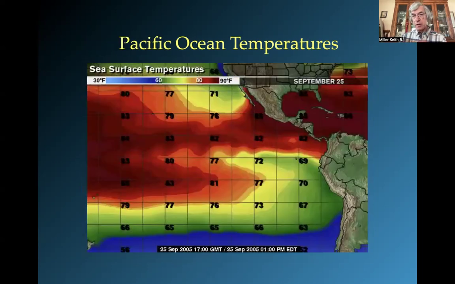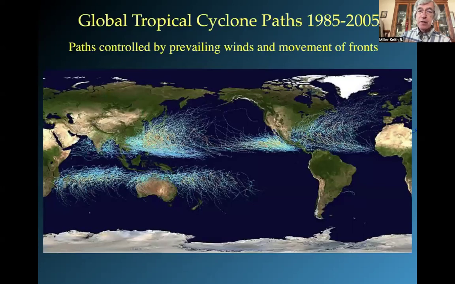So this is looking at the Eastern Pacific, same thing. And each of these little threads of blue lines is a track of a hurricane over a period from 1985 to 2005.